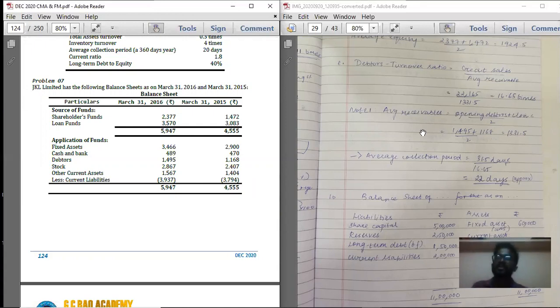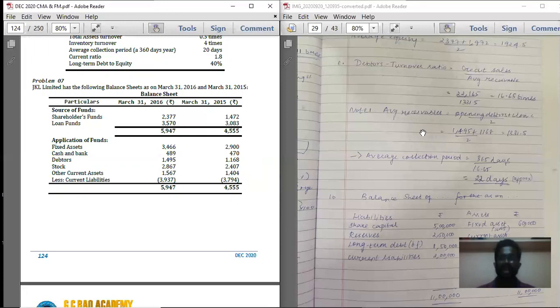So credit sales divided by average receivable gives you the debtors turnover ratio. Coming to the formula, 22,165 divided by 1331.5 is equal to 16.65 times. So we have found the debtors turnover ratio is 16.65 times.